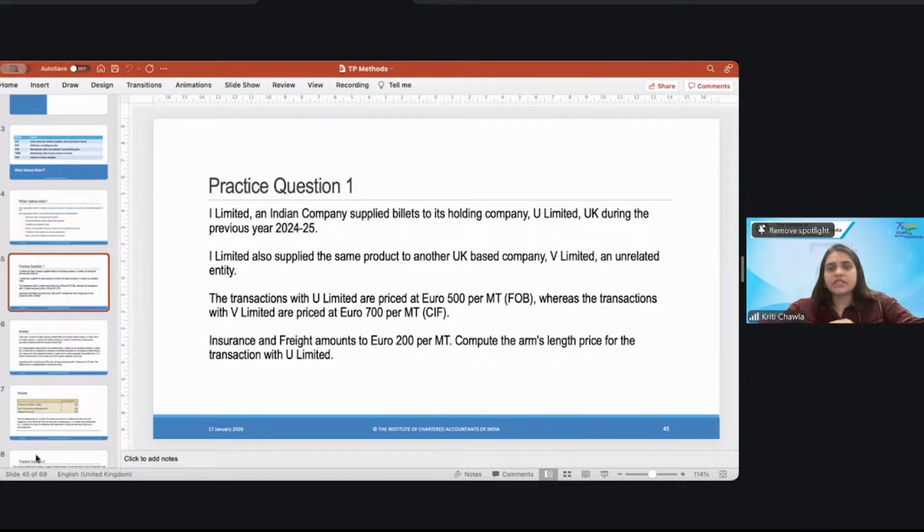Any perspective? Yes, absolutely correct. This is internal CUP that you'd be using here. So you'll use internal CUP and tell them that, because data is available, you shall be relying on this particular method for the purposes of computing the arm's length price.